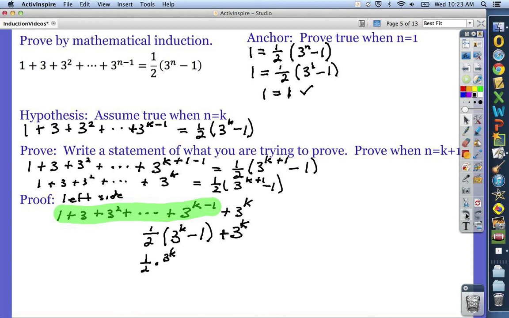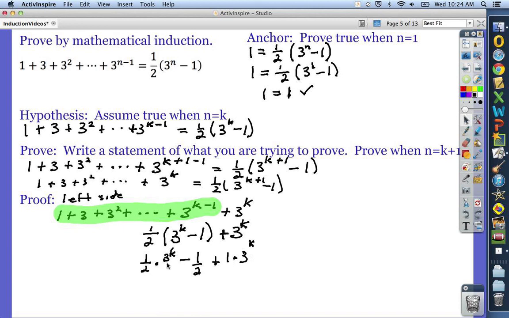First, I need to distribute the 1/2. So 1/2 times 3 to the k is 1/2 3 to the k, and 1/2 times negative 1 is negative 1/2. Bring down the 3 to the k. Now I like to think of 3 to the k as 1 times 3 to the k. That allows me to help combine like terms. The like terms I have here are 3 to the k's.